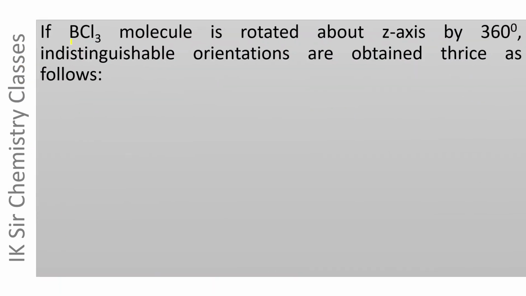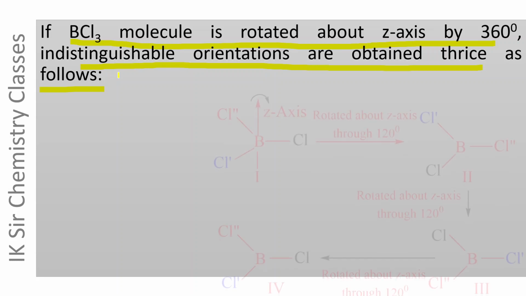If BCl3 molecule is rotated about Z axis by 360 degree, indistinguishable orientations are obtained thrice, that is 3 times. And in accordance with this definition also, the order of Z axis in BCl3 molecule is 3.